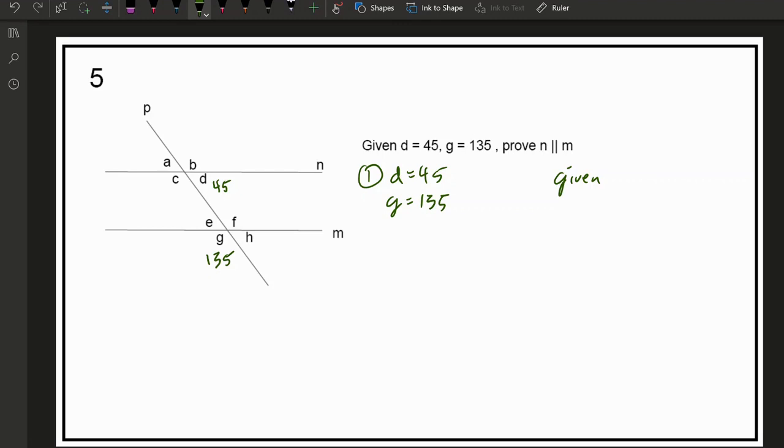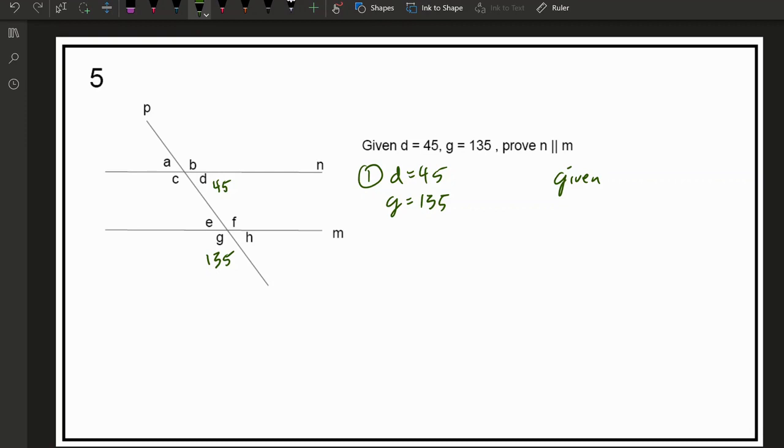They're not any of my other angle pairs, and so the angles as they are right now don't do any good for me. So what I have to do is use those angles to find another angle that's going to help me. There are lots of different ways to do this. The way I would like to do this is I would just use vertical angles.